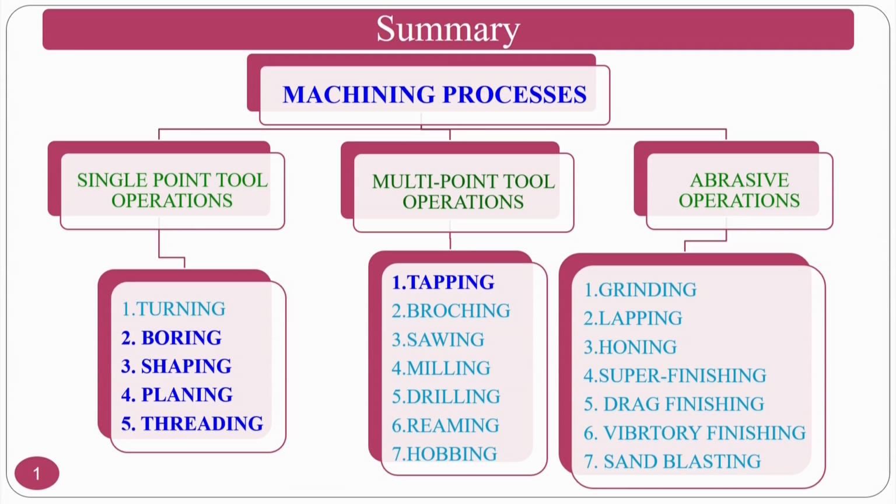Since we have already seen the turning process in an elaborative way, in this class we have seen some of the single point machining processes, such as the boring process, shaping process, planing process, threading process, and some of the multi-point cutting tool processes also, like the tapping process, and also the knurling process.